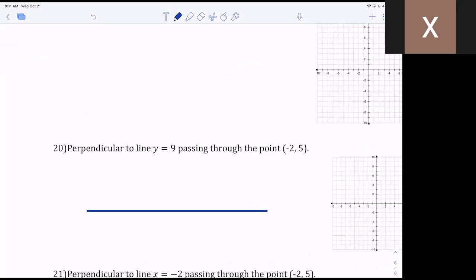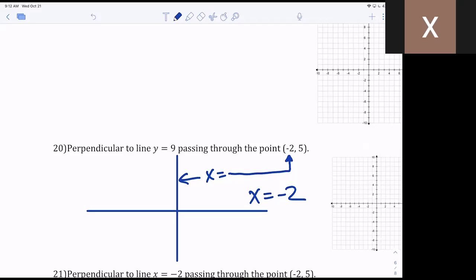So if y equals 9 is horizontal, then what must be perpendicular to it? Vertical. So draw yourself a vertical line. The only way something can be vertical is if it's x equals. What is the x value? Negative 2. So that's the answer. X equals negative 2. That's how easy it is.